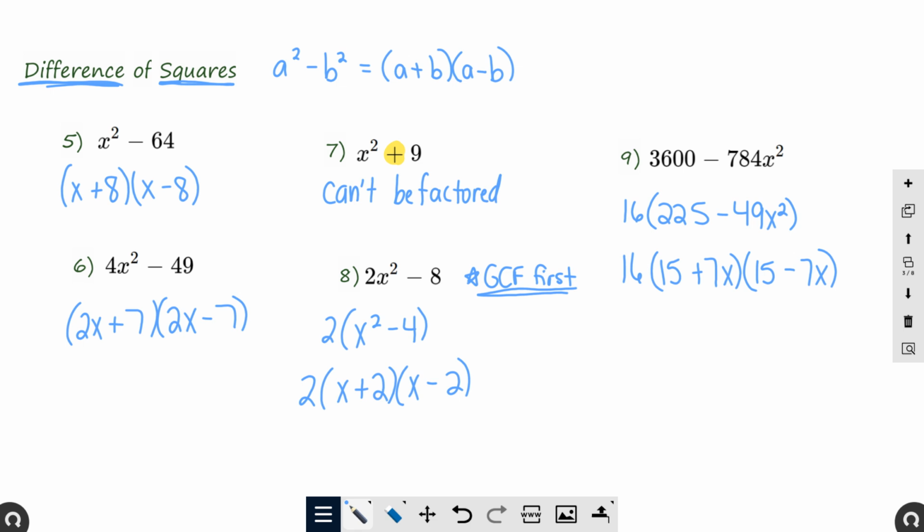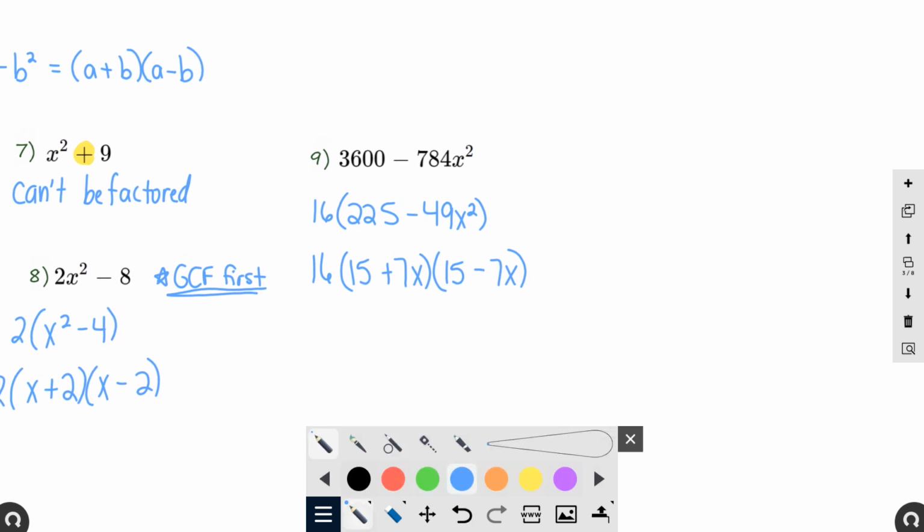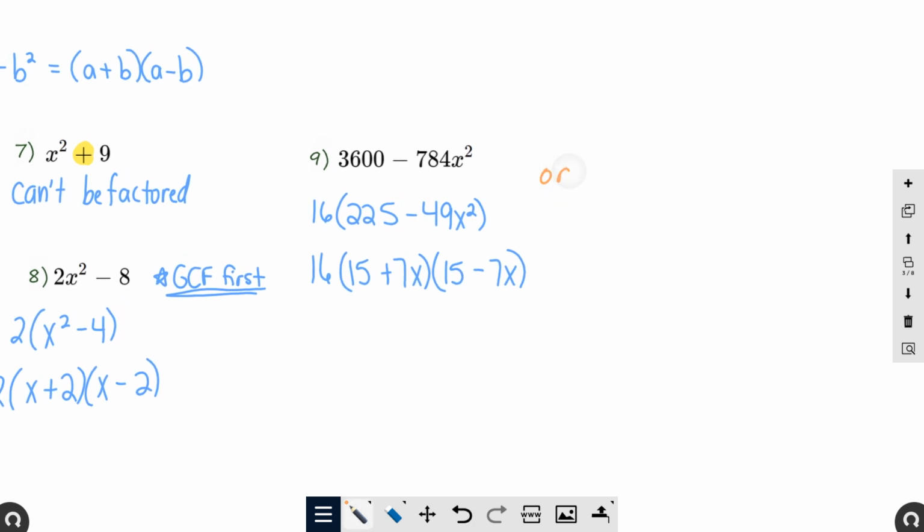You could square root the first number. So here is an alternate way to do this problem because 3600 is a perfect square. So what is the square root of 3600? 60? Okay. What about 784? 28. So this is 60 and 28.